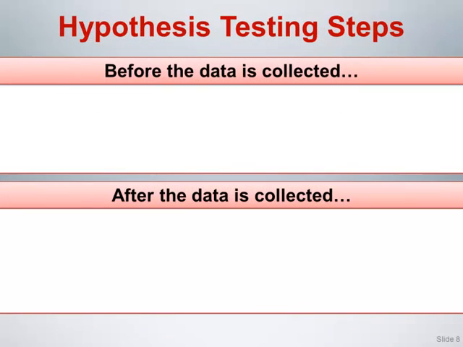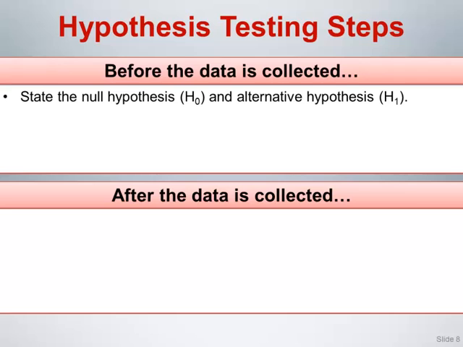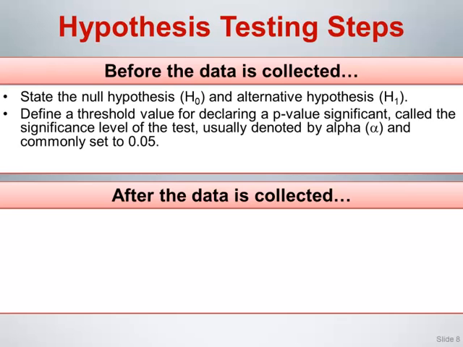To conduct a hypothesis test on this data, we would do the following. Before the data is collected, state the null and alternative hypotheses. Select a significance level and choose an appropriate statistical test that will address the hypothesis of interest, here the chi-square goodness of fit test.